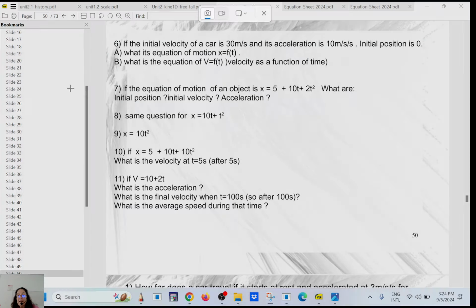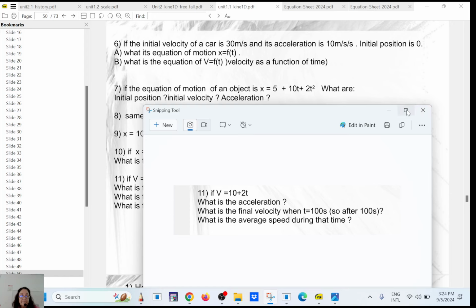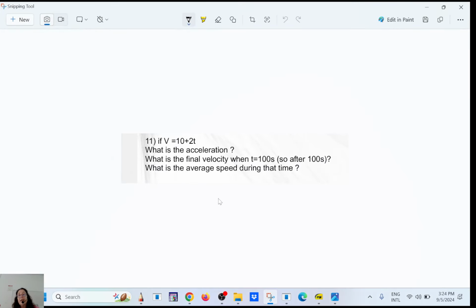Number 11. So here, what's the initial velocity? 10.